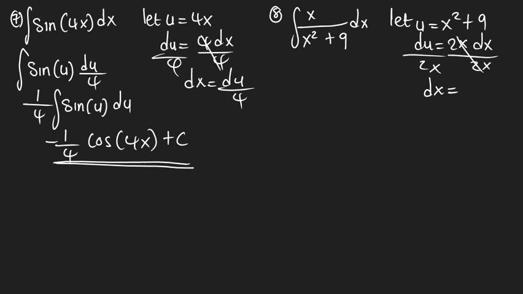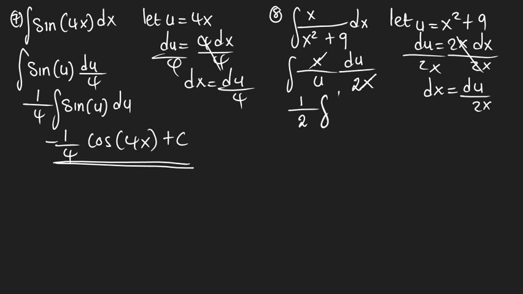Your dx is going to equal du over 2x. Then of course this is going to be x over u. Then you put your du over 2x there, so that this x and that x can cancel. Then you're going to have 1 over 2, the integral of 1 over u du.